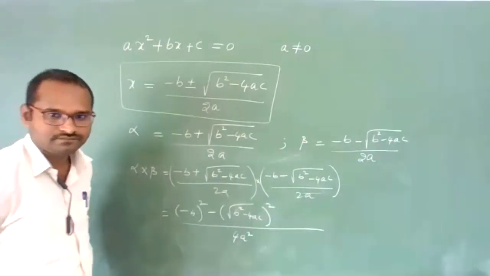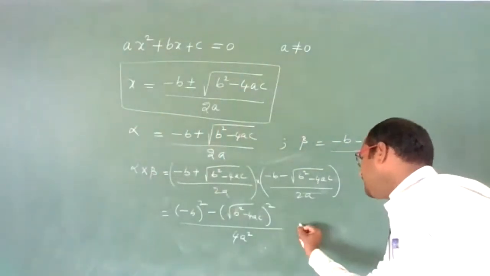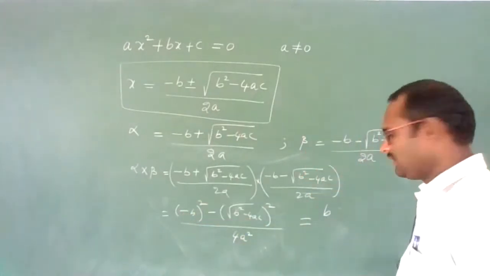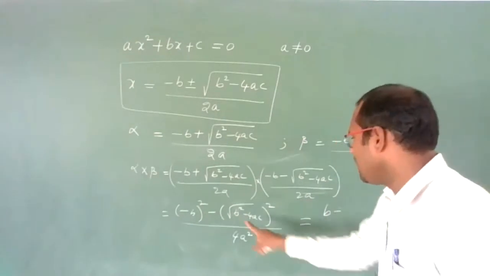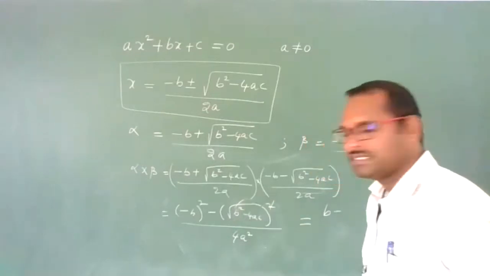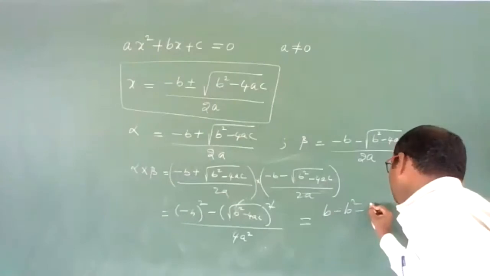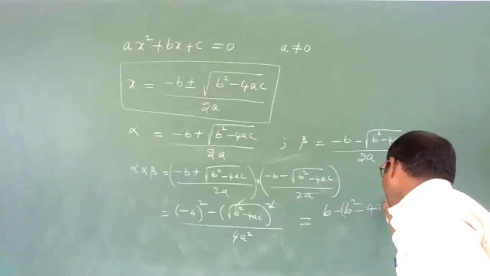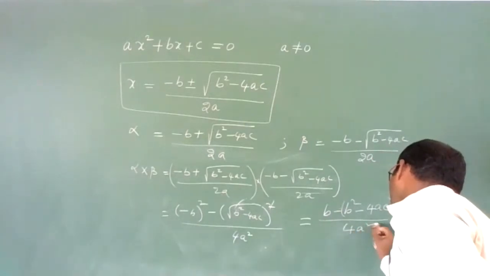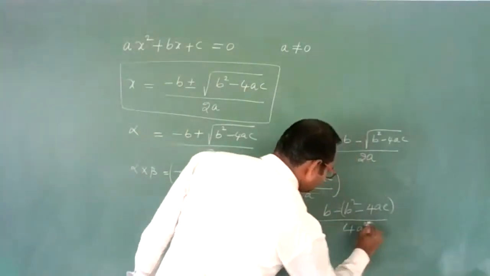Now minus b whole square will become plus b square, and the root cancels with the square. You will get b square minus (4ac), in brackets, divided by 4a square. Clear?